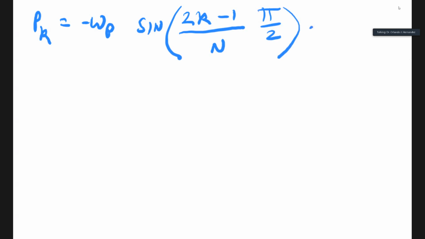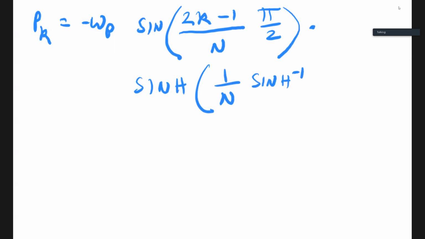And then there's going to be a multiplication here to the following factor, hyperbolic sine, that's going to be the real part of the pole, and then the imaginary part with j there.